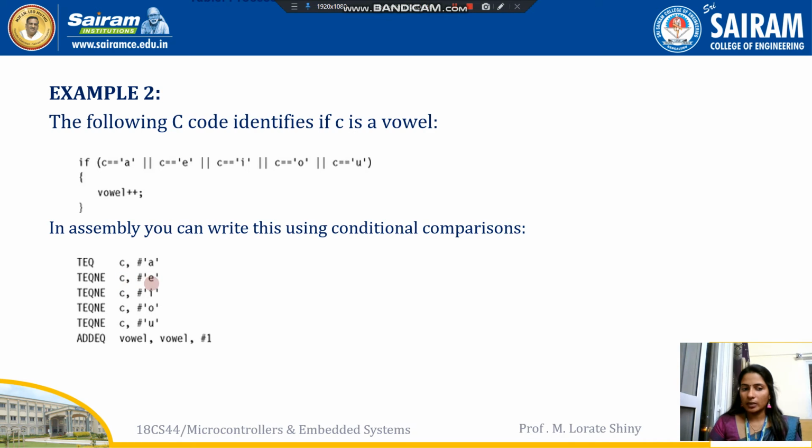If C is not equal to E, then I will check whether it is I. If this is not I, then I will check whether it is O. If this is not O, then I will check U. If any one condition is satisfied, for example, C is equal to I, then the next instruction will not be executed, because this instruction will execute only when it is not equal, but when it becomes equal, this instruction will be skipped, this also will be skipped. So the next instruction which will execute is this instruction. So this is how it works.